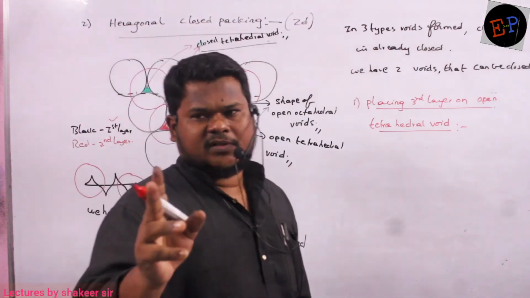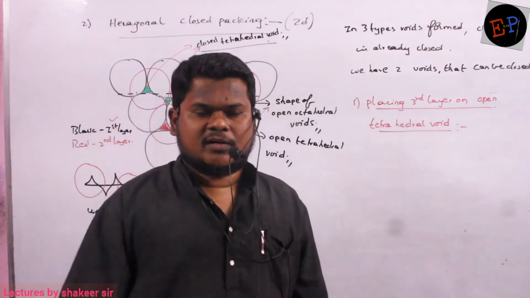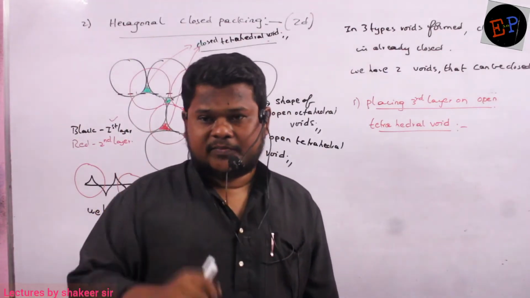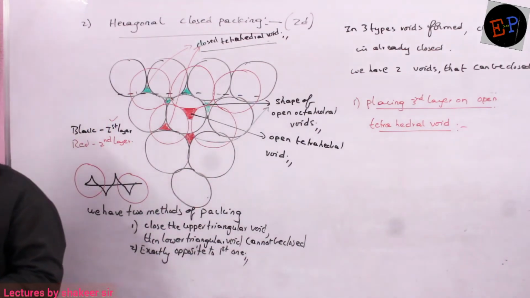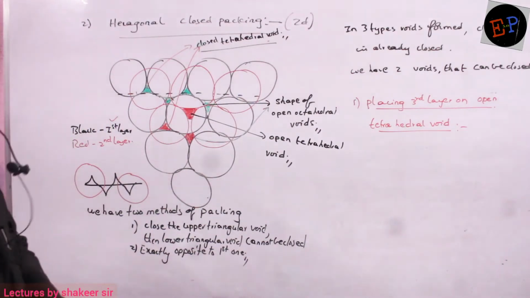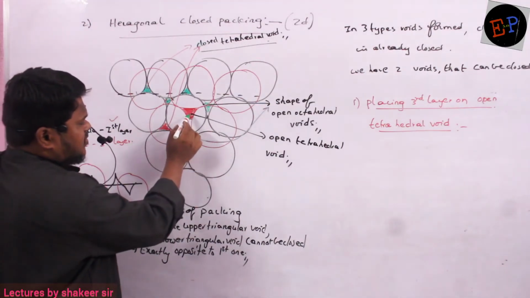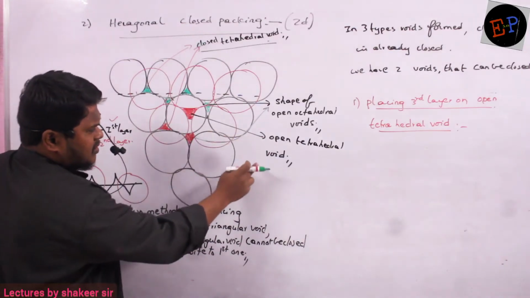Either I can place it on the open tetrahedral void or I can place it on the open octahedral void. So we are discussing the first method. Now 2 layers I have already placed. Now I want to place the third layer. So I want to close this void. What is this void? Open tetrahedral void.